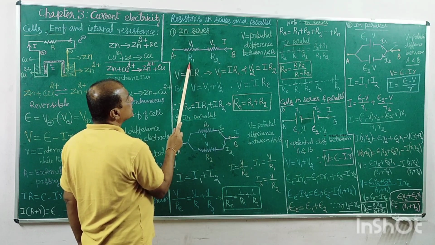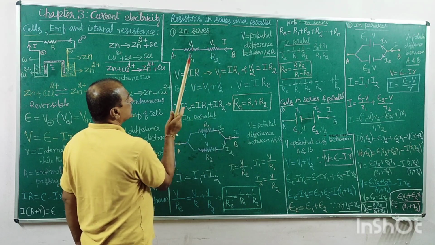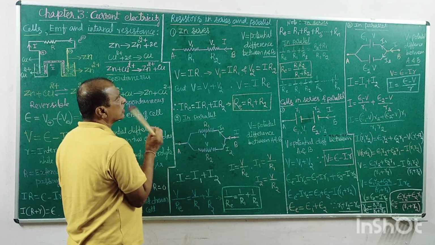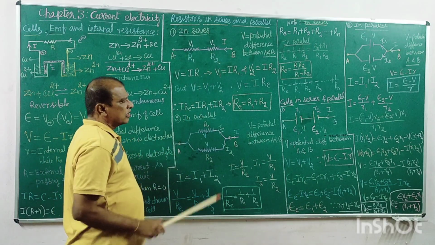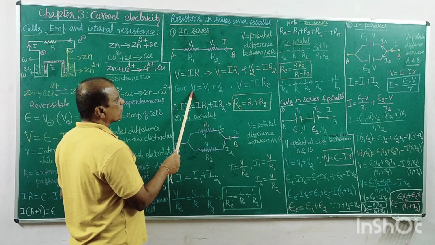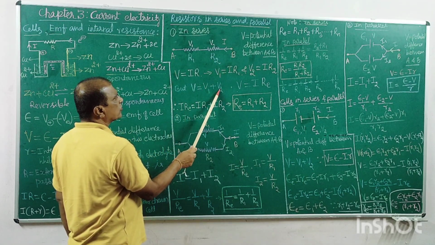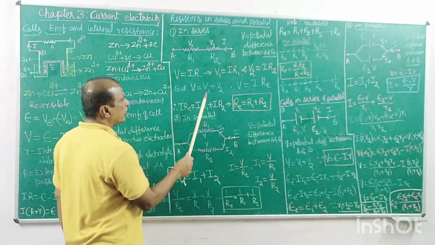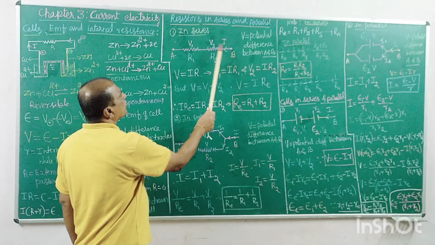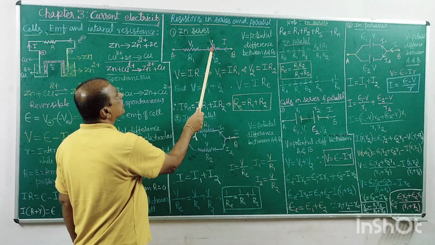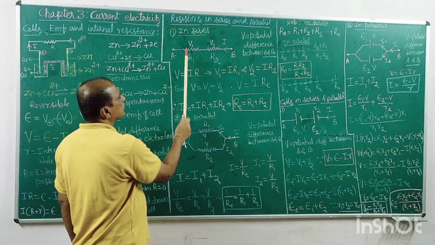If R1 is the resistance of this resistor and R2 is the resistance of this resistor, then this equation is applicable for the series. What is V? The total potential between these two points is V1 plus V2. Whatever total potential is applied here, some potential drop is here, some other potential drop, consumption, here: V1 plus V2.